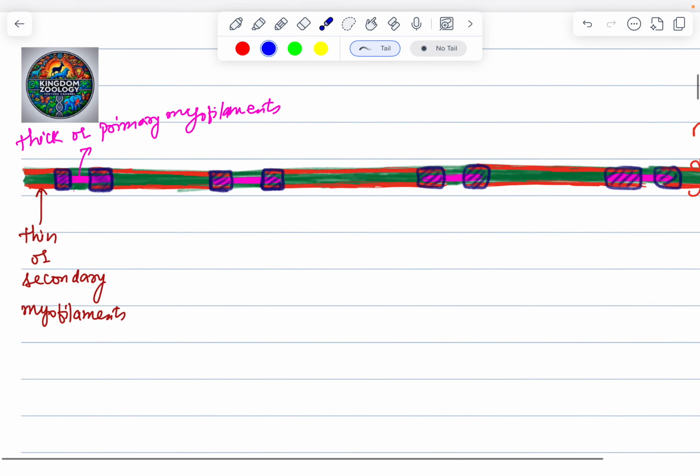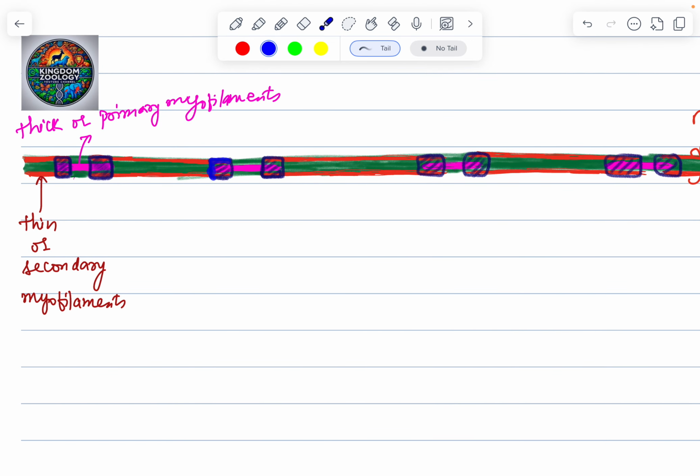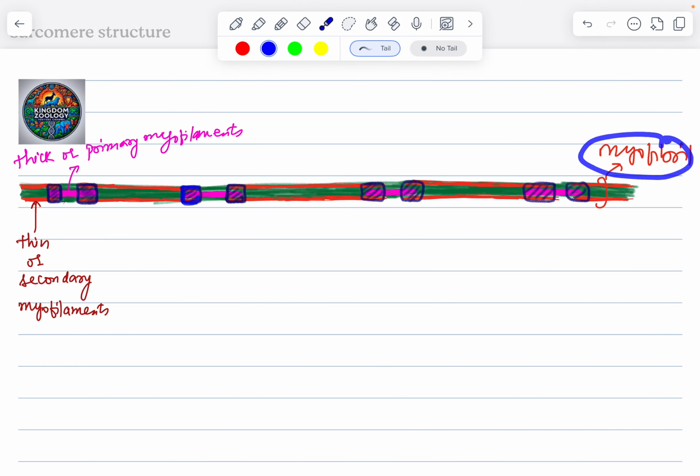So because of this characteristic arrangement, there are certain areas of the myofibril where thin and thick filaments are both present. So these areas will be dark. Then there are certain areas with only thin filaments, light. This also will be slightly lighter because there is only thick filament over here. Once again, thin and thick filaments overlapping each other, so dark, slightly lighter in between, and then once again light over here.